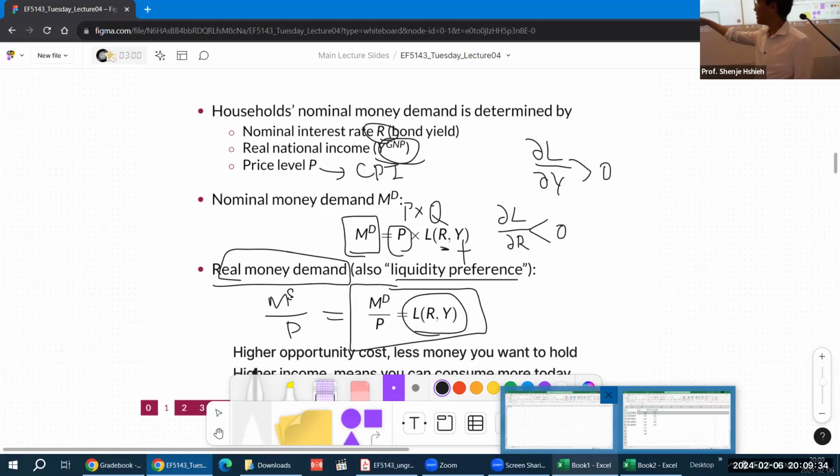Market clearing is when supply equals demand. So when money supply, the supply provided by the central bank, equals all of our demands for liquidity, then we get stability, right? Nobody wants to move money anymore. Nobody wants to sell anything. So that's going to be our fair value of R or Y. Everything's stable.